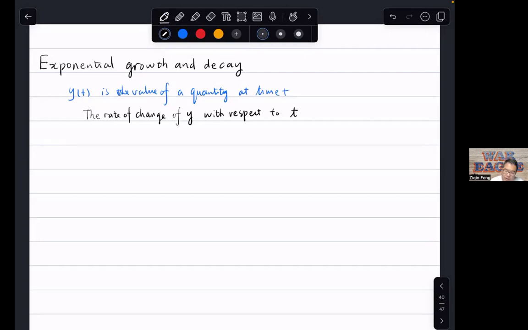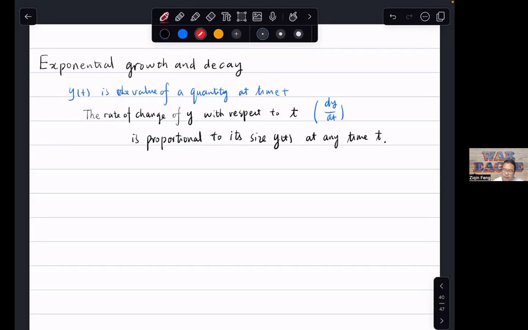By our discussion so far, this is basically dy over dt, the rate of change, and it is proportional to its size, to the original function, let's call that y of t, at any time t, by this property of this material.